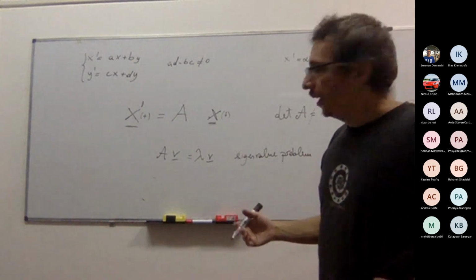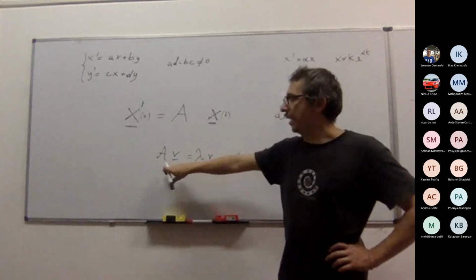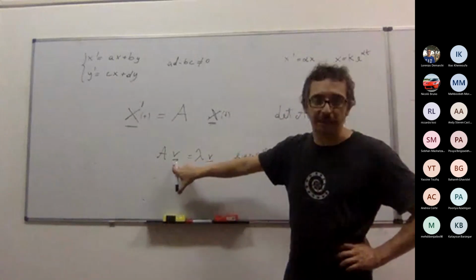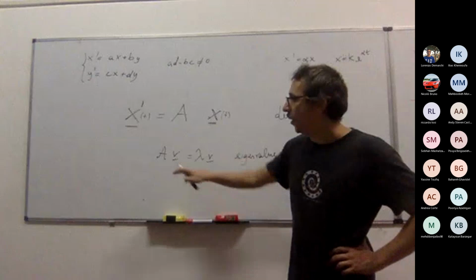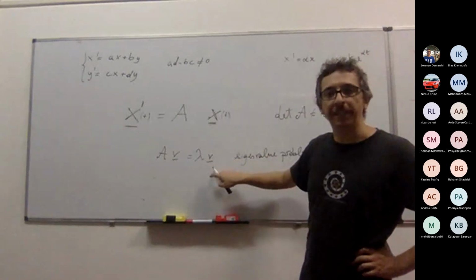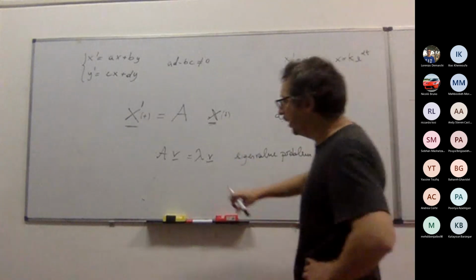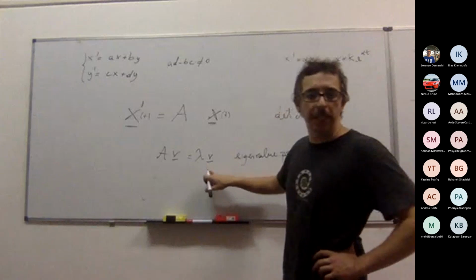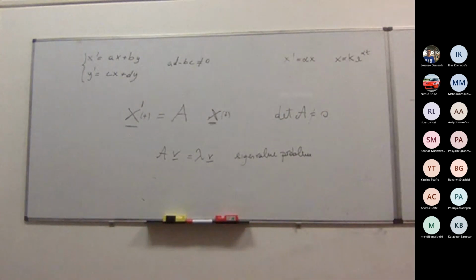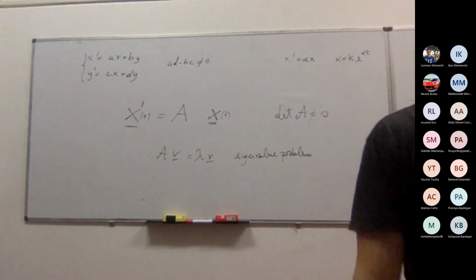So this equation tells you that you are starting with some matrix A. When you are applying this matrix A to certain vectors, which are eigenvectors, what you will obtain is some number, lambda, the eigenvalue corresponding to that eigenvector, times the eigenvector. What I want to do is to find these eigenvalues and these eigenvectors. Okay?